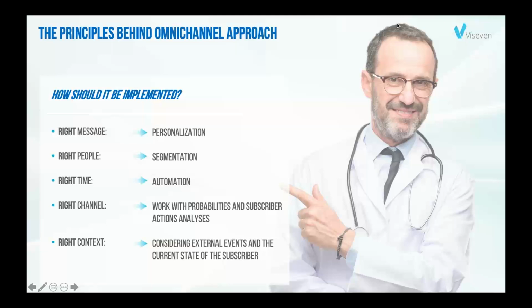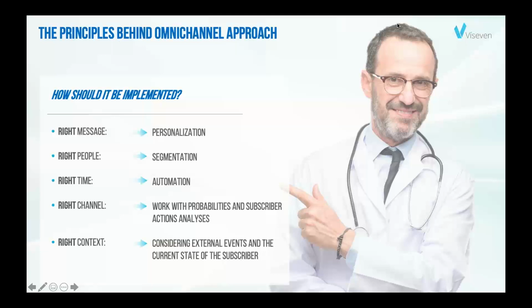The second one is the right people. Right people in the marketing sense is all about segmentation, which means we should look at our database and segment it properly into different segments. And I'm not talking only about the A, B, and C that currently exist in the pharma industry.